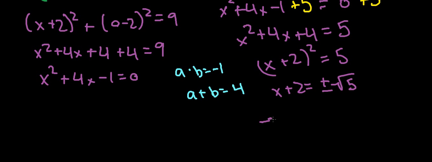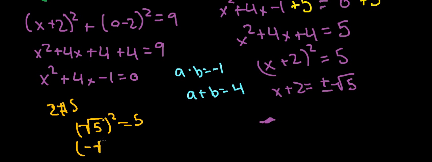Let me write it over here in a different color. So we can have square root of 5 squared, and that's going to give us 5. But we can also have the negative square root of 5. And notice that this negative is not underneath the radical, so it's okay.